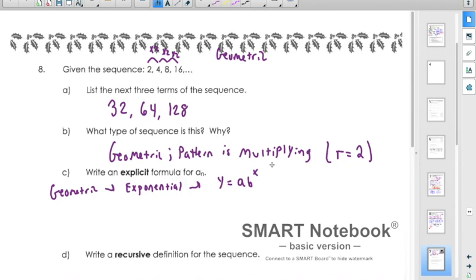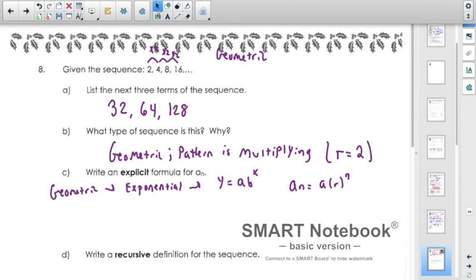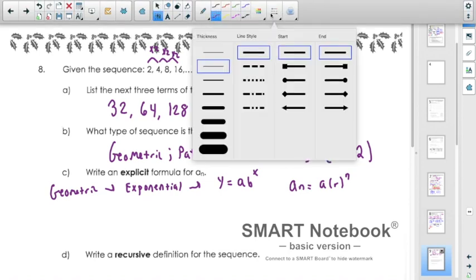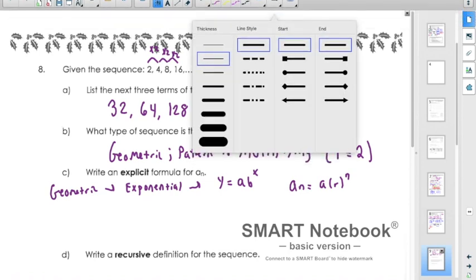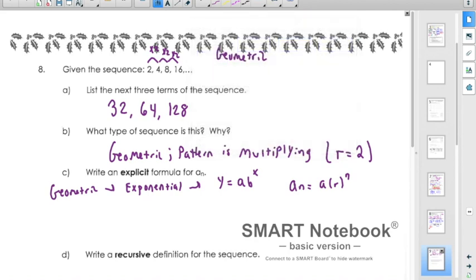And the one difference, as we learned in class yesterday, is that if I want to make it a sequence, it's going to look like a sub n equals a times r to the n minus 1. Right? We did that in our notebooks yesterday. a sub n equals a times r to the n minus 1.